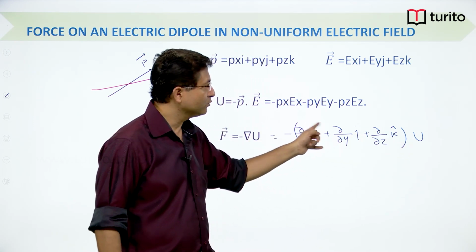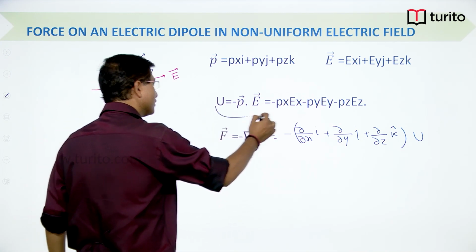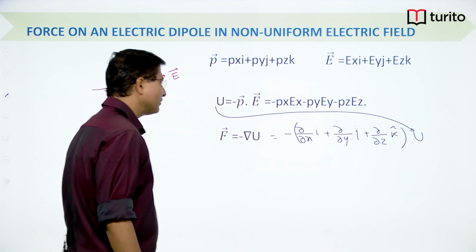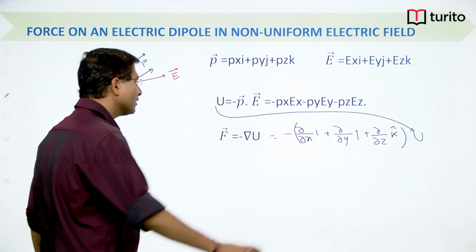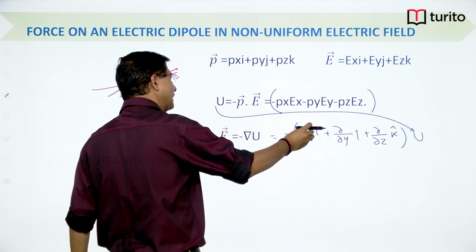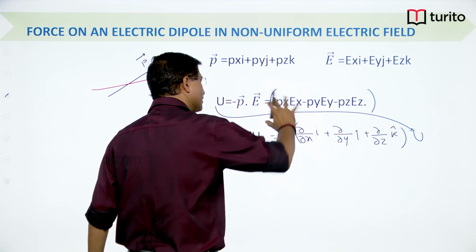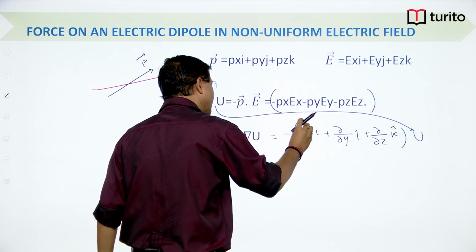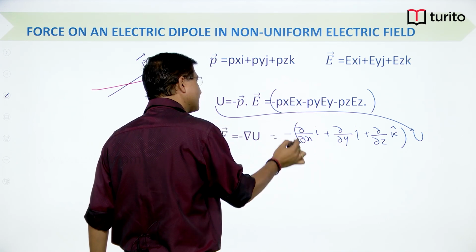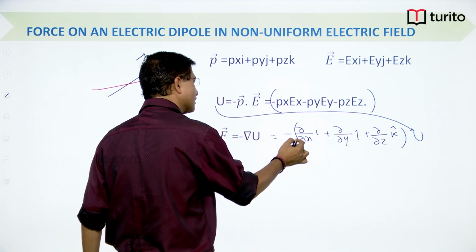I will get U inside, and U I already have, so I will place it here and simplify. Look at this: the whole expression will appear with x, with y, and with z. So I will get the partial derivative of this, this and this with respect to x.